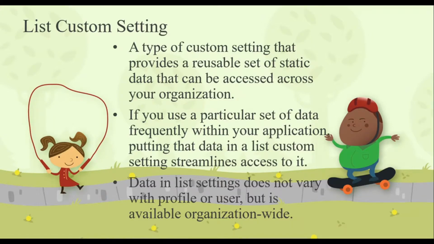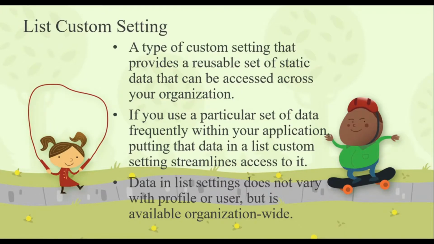For example, if we are using a particular set of country codes and phone codes every time in our application, we could make a list custom setting over it so that our processes could be streamlined. Data in list settings does not vary with profile or user. It is available to your entire organization.